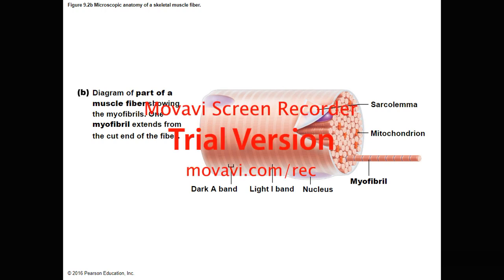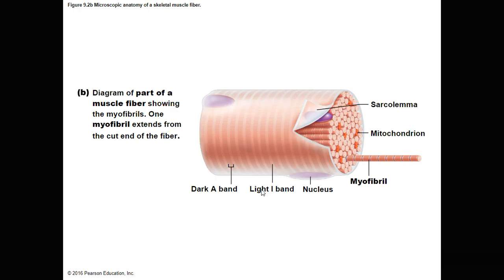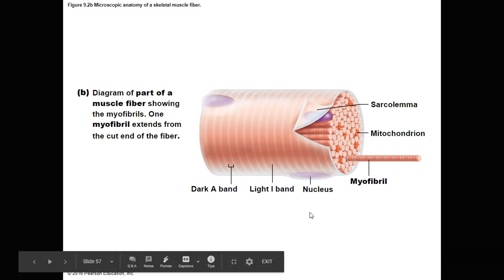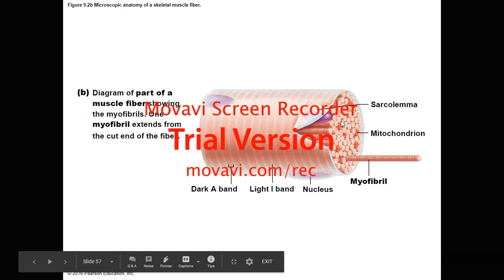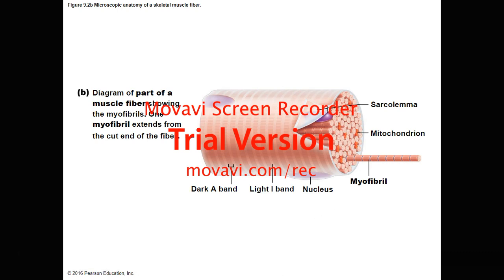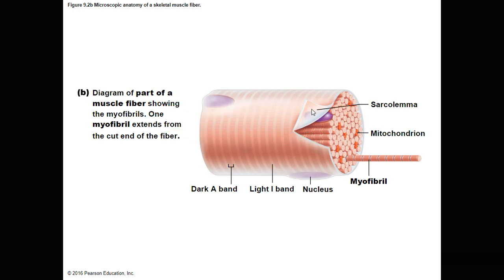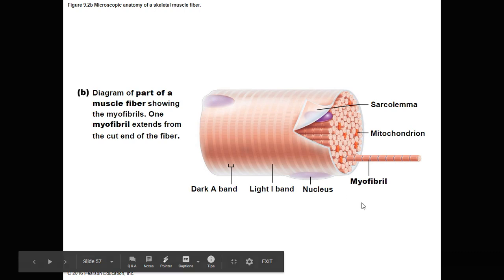Due to the arrangement of these filaments, the thick filaments are the dark bands and the thin filaments are the light bands, and you have these striations. And this is the sarcolemma, the plasma membrane of the muscle cell. It extends down into T tubules, and you'll see a picture of that in a figure later on.